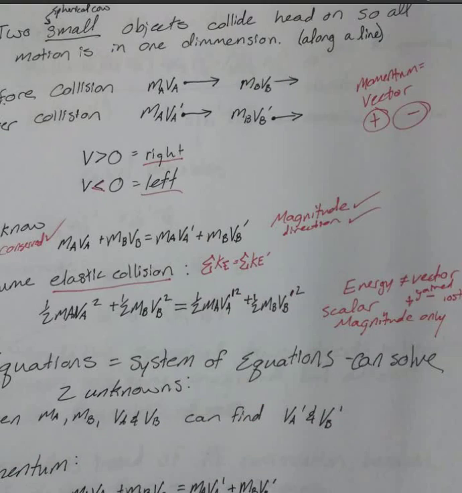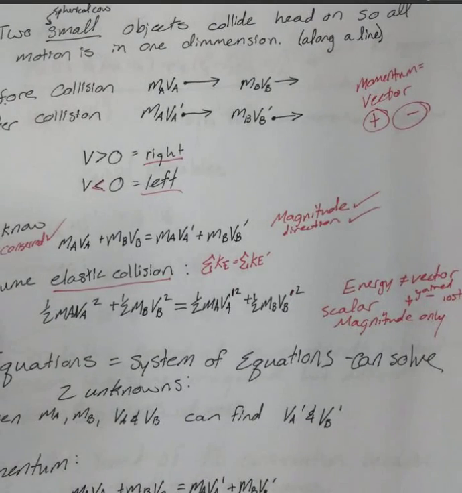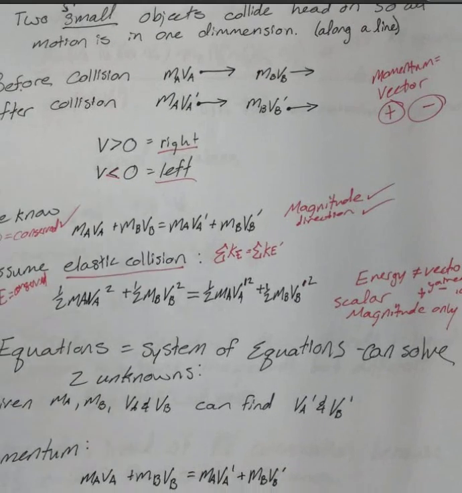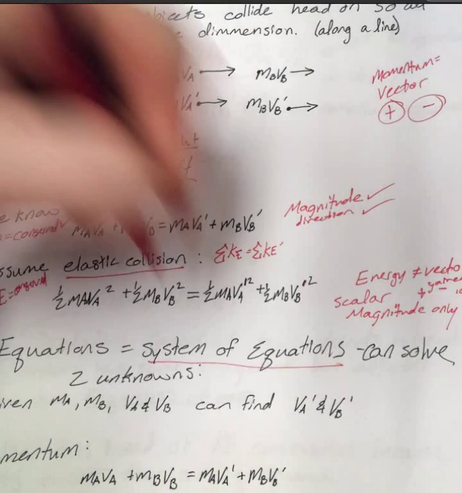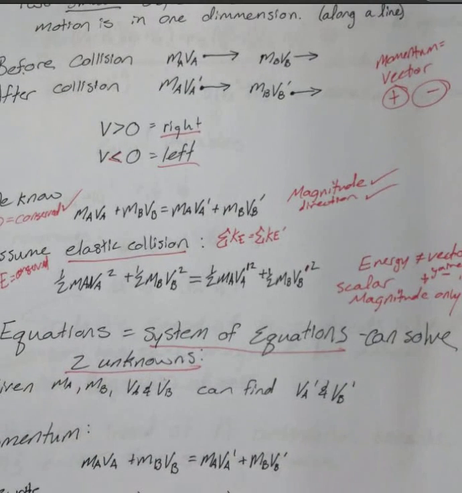So, since we have two equations, momentum and kinetic energy, two equations is a system of equations. And if you have a system of equations, you can solve for two unknowns. And we've been doing this since we looked first at our kinematics.